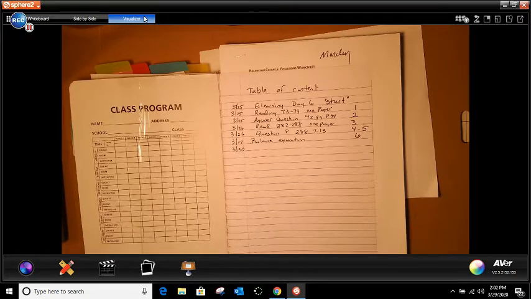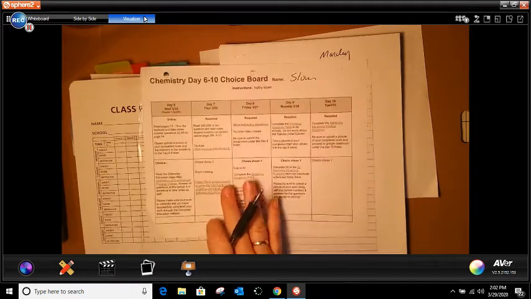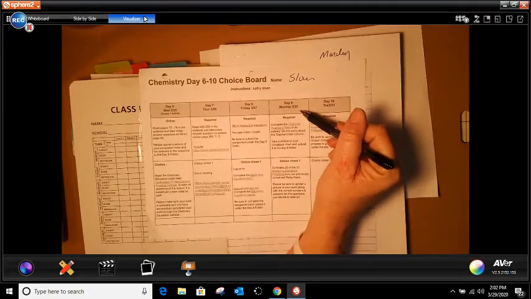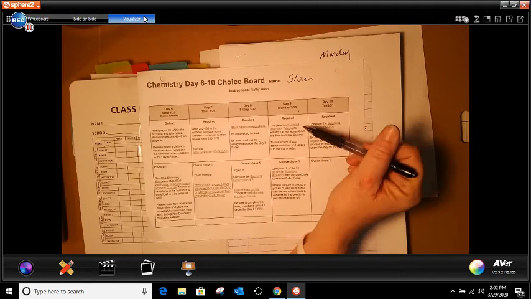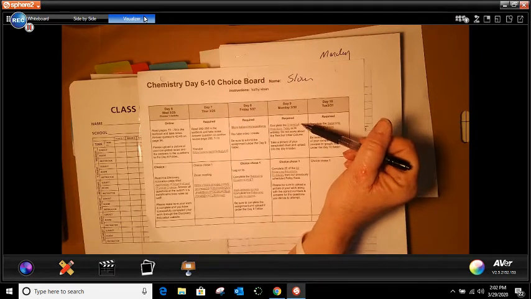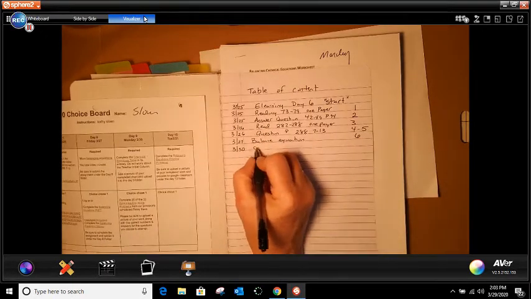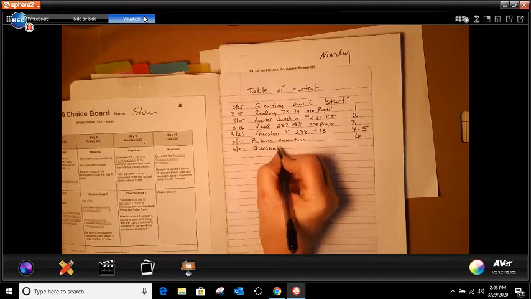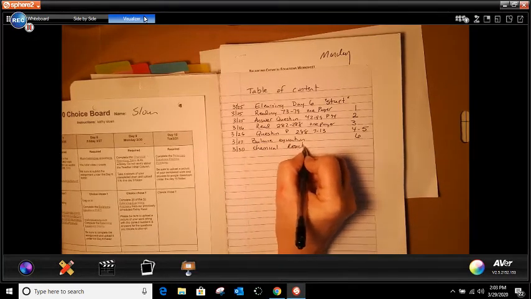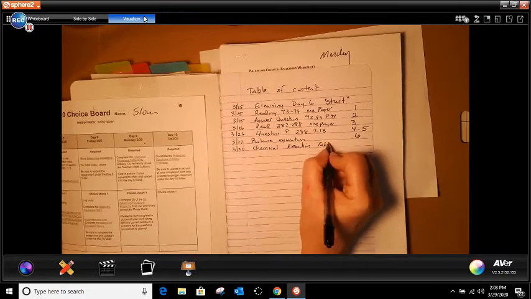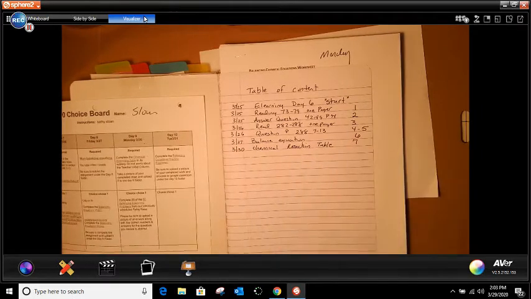I look at my choice board. It is Monday, day 9, 3:30. It's going to tell you that you have to complete the chemical reaction table. So I'm going to write chemical reaction table, and that is going to be on my page 7.